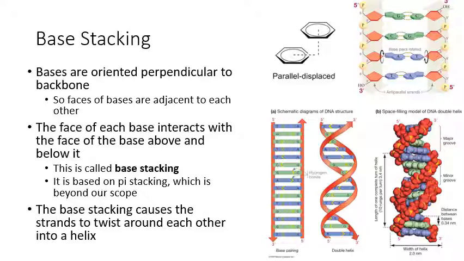So it's that base stacking that is actually causing the helix to form. The base pairing between adjacent nitrogenous bases across from each other, one on each strand, is causing the strands to stick together and forming the ladder in the first place, and then that ladder twists to form a helix because of the base stacking.